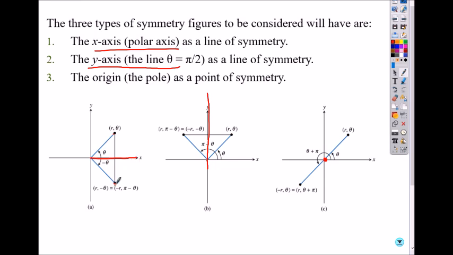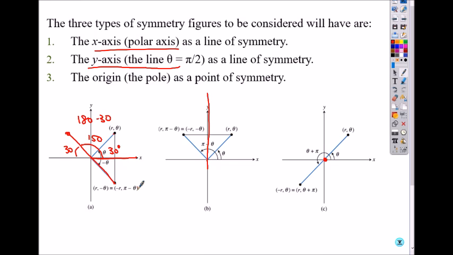What is this point in terms of r? Same radius, but let's say this is 30 degrees, then that's negative 30. If you look at the negative r from here, this is 30. So this is then 150, which is 180 minus 30, which is 180 minus theta, which is pi minus theta.